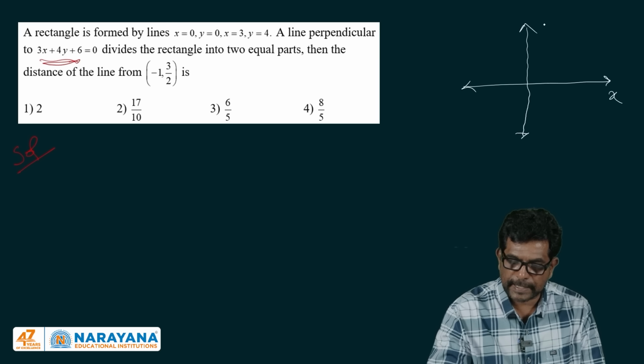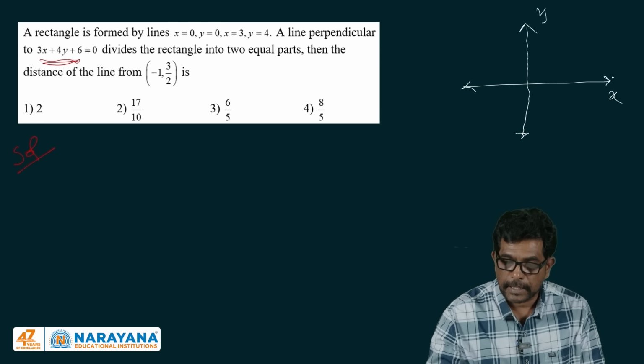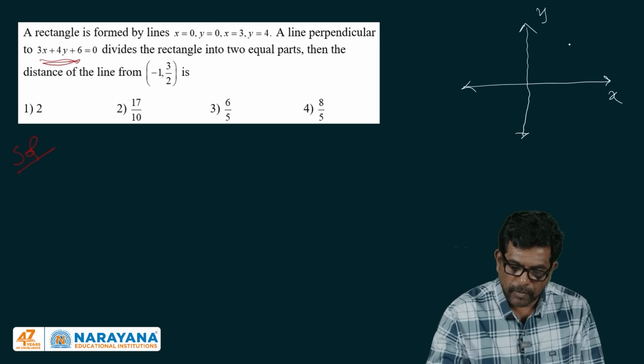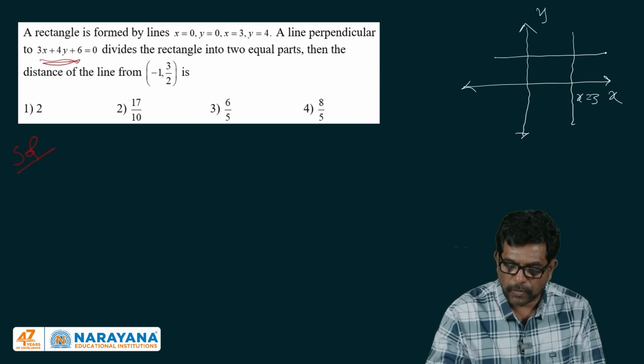As we know, the x-axis, the y-axis, and the line x is equal to 3, which is a vertical line, and y is equal to 4.